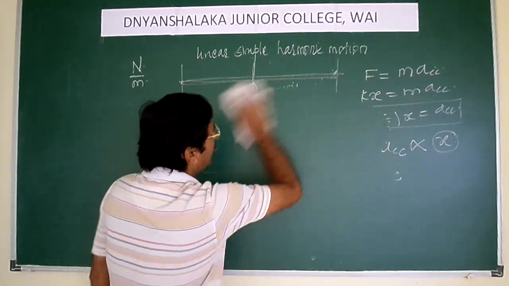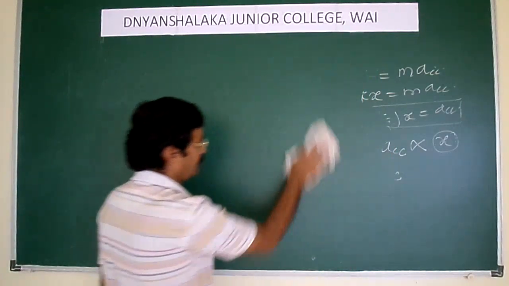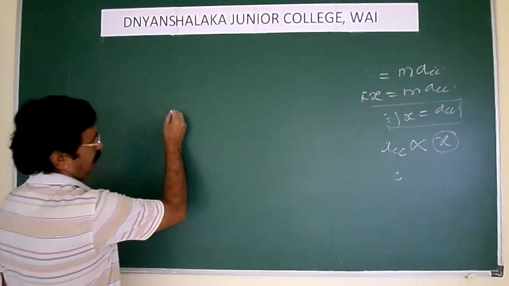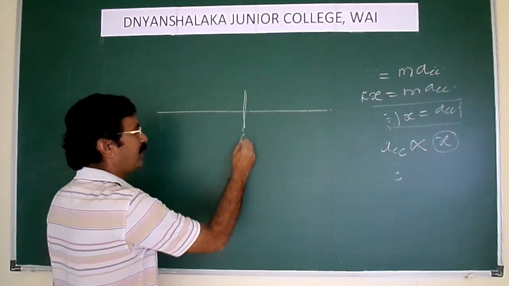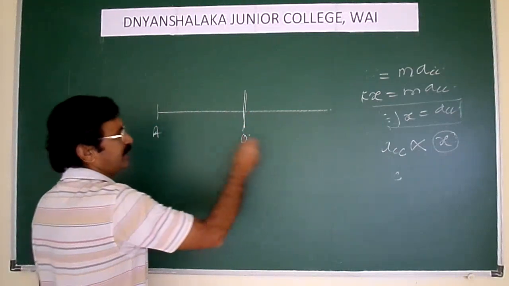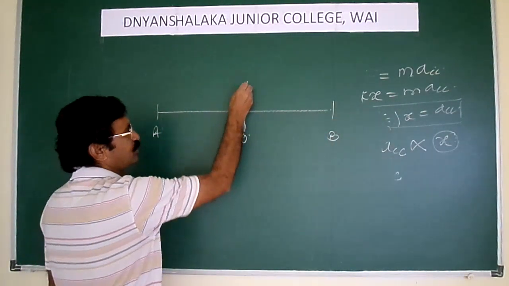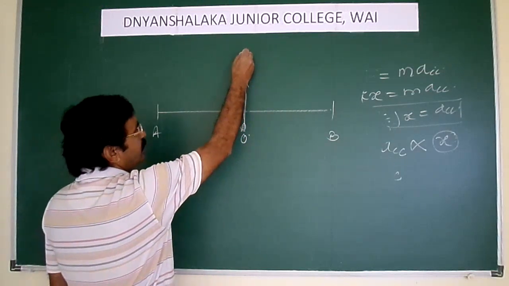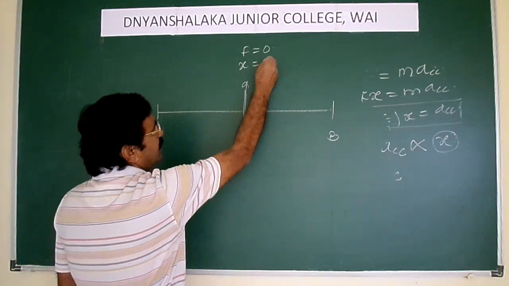Now, as we are discussing this, we'll study it in detail, but since this is the mean position and let these be the extreme positions, we see that at the mean position, the restoring force F is equal to 0 when the displacement is 0.